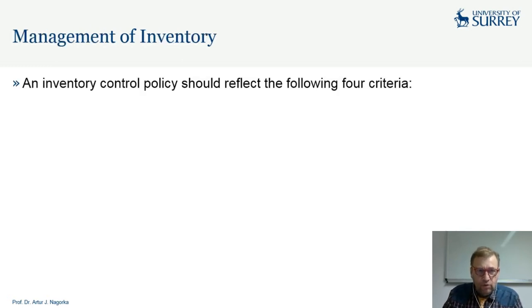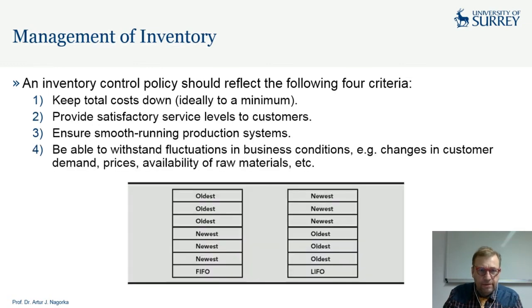And now, so we have this couple of criteria how we do with inventory control, because we mentioned keep total costs down. Probably it's easier to say than to do, but let's have it in mind. We keep total cost down of inventory. Then at the same time, we have to remember that, of course, the whole existence of our business depends on the level of satisfactory service that we deliver to customers.